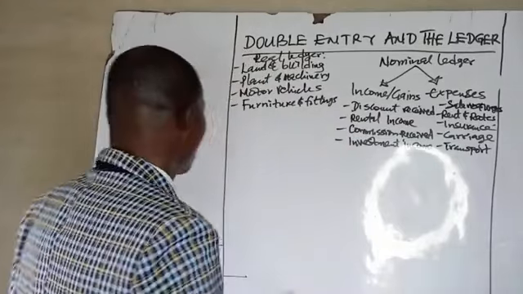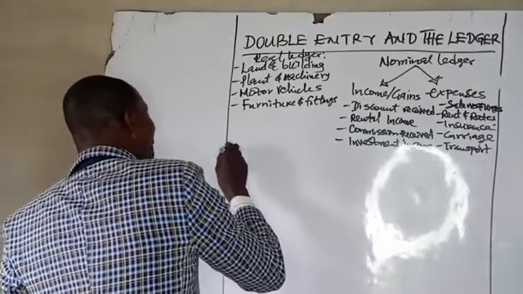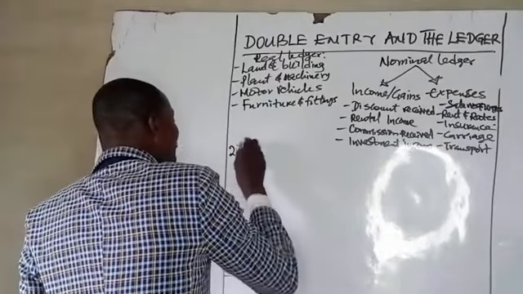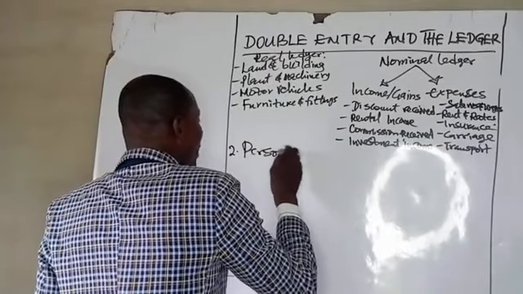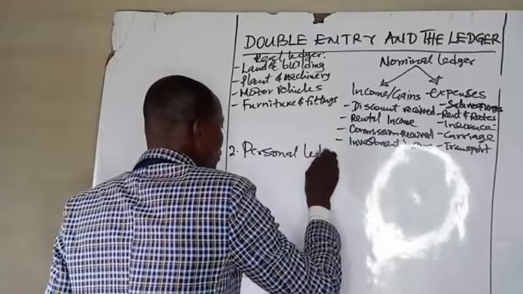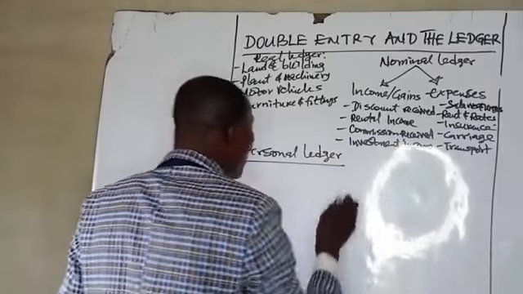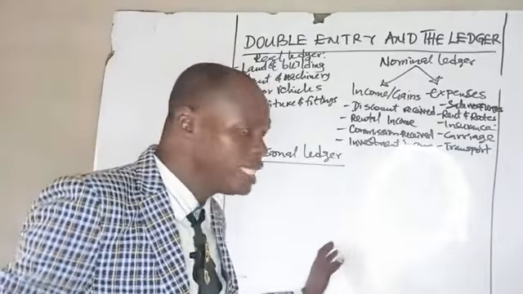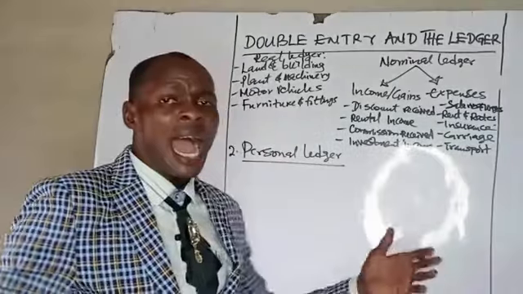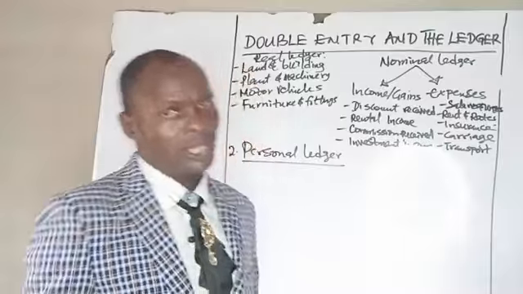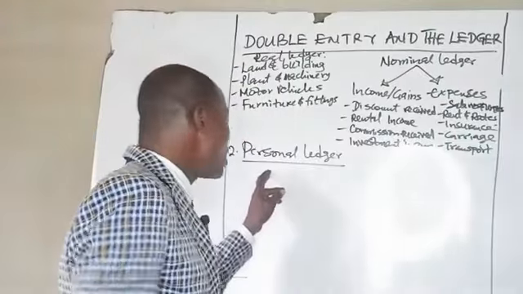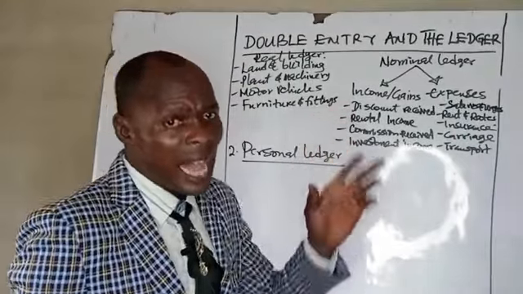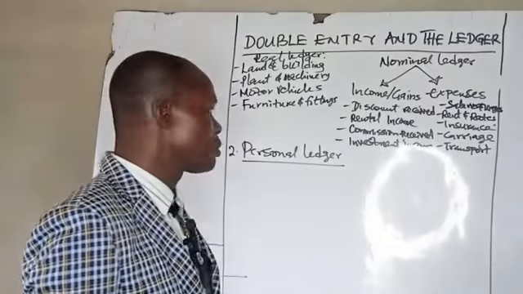The second ledger we are going to examine is the personal ledger. This type of ledger is used for recording the personal accounts items.